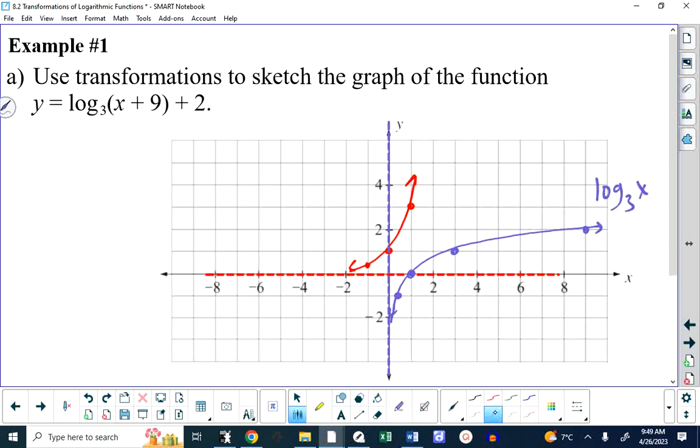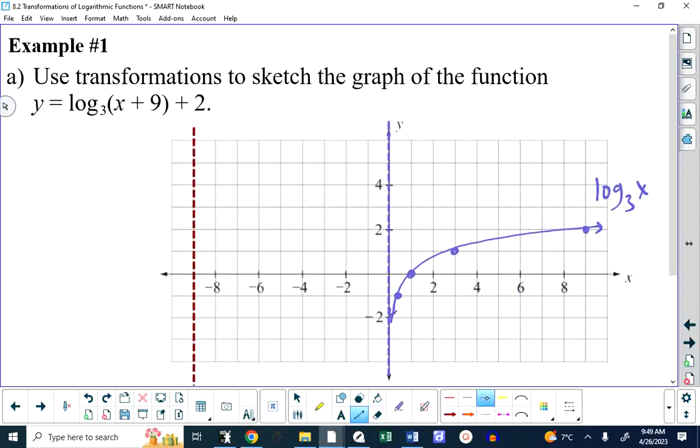So all this work that we did is done solely to determine the function that we're going to shift 9 to the left and 2 up. Okay? So when we shift this 9 to the left, that asymptote is going to be 9 to the left. Every point is going to be moved 9 to the left and 2 up.